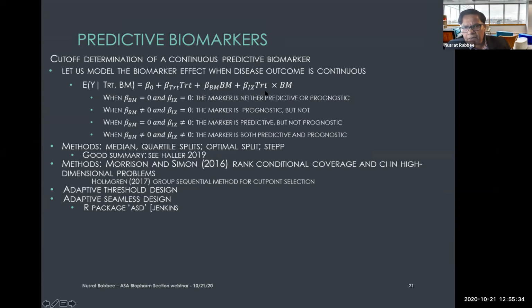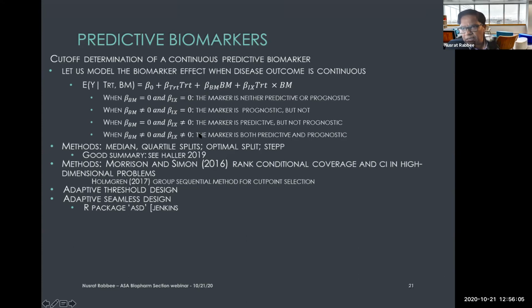And in this case, if you have a continuous outcome variable, Y, you're really going to be interested in looking at this treatment by biomarker interaction term. And if the treatment, the interaction and the biomarker slopes are all zero, the marker is no good. If the interaction is zero, then the marker is prognostic. So it's just a disease marker. It's not necessarily predictive of treatment.